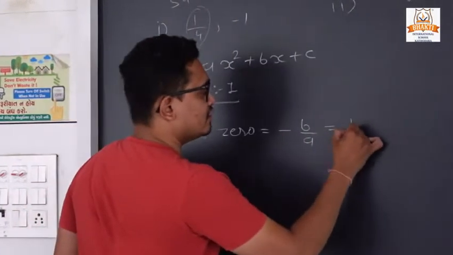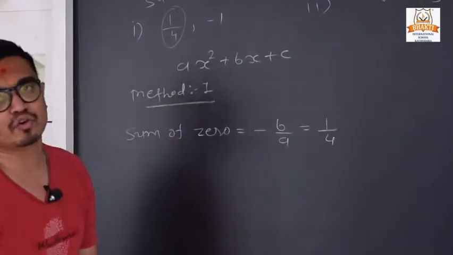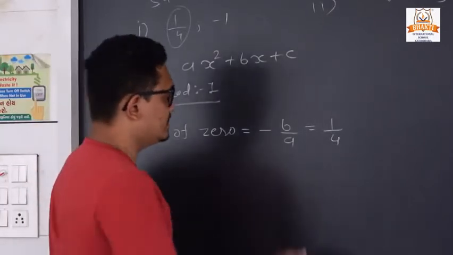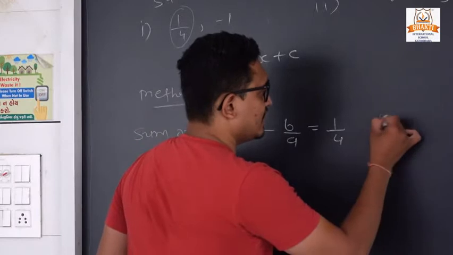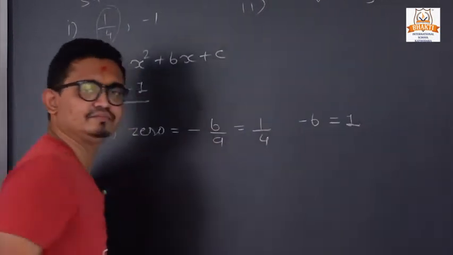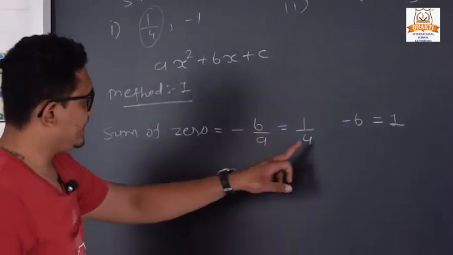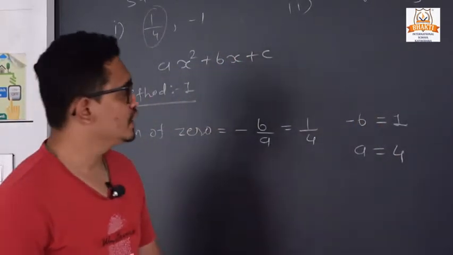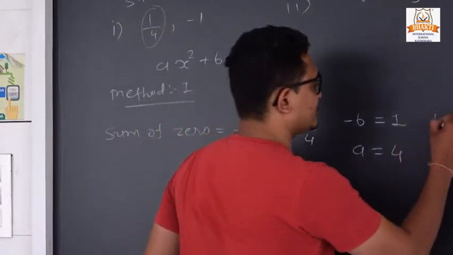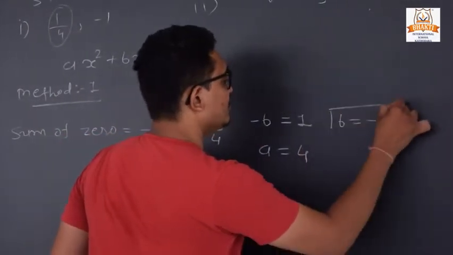What is its value? 1 by 4. So now we will compare. See that. So minus b is equal to 1, and second, a is equal to 4. If the minus sign goes to the other side, we can also write it like that, b is equal to minus 1.